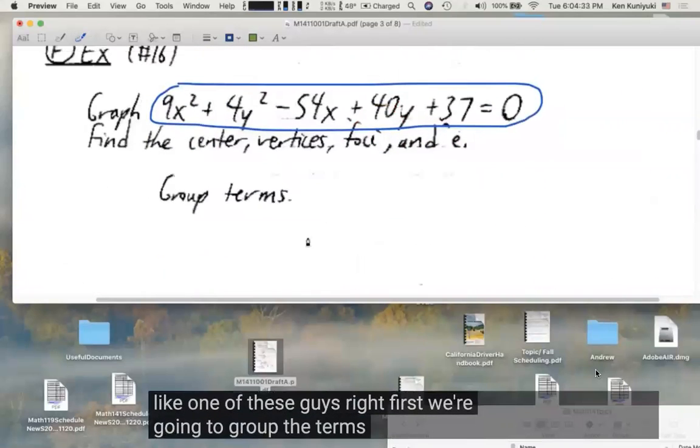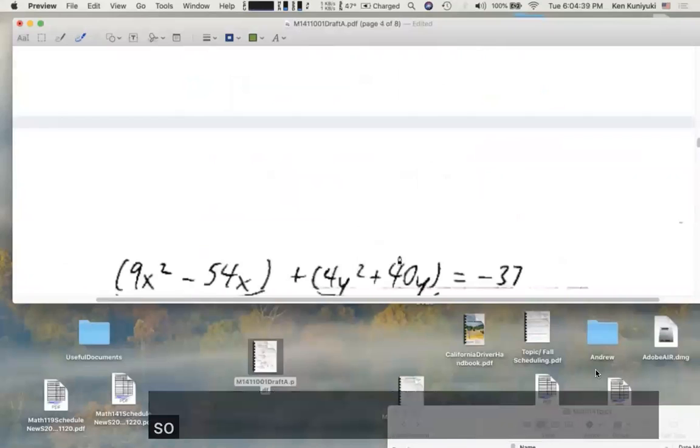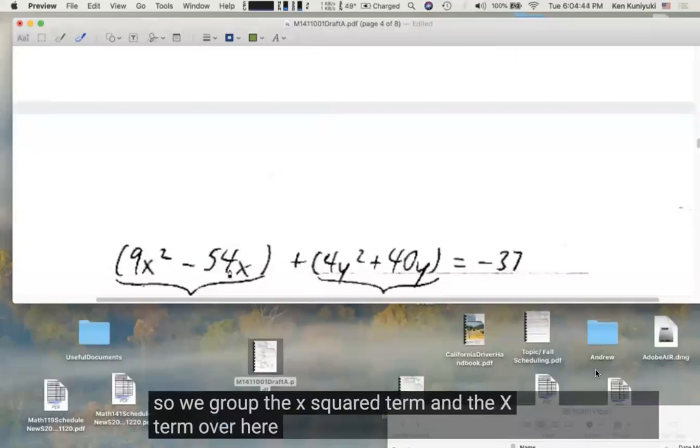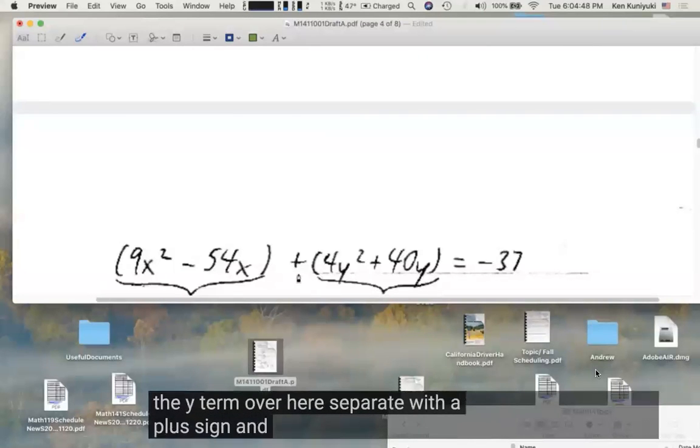First, we're going to group the terms. We're going to group the stuff in x and the stuff in y. So we group the x squared term and the x term over here, the y squared term and the y term over here, separated with a plus sign.